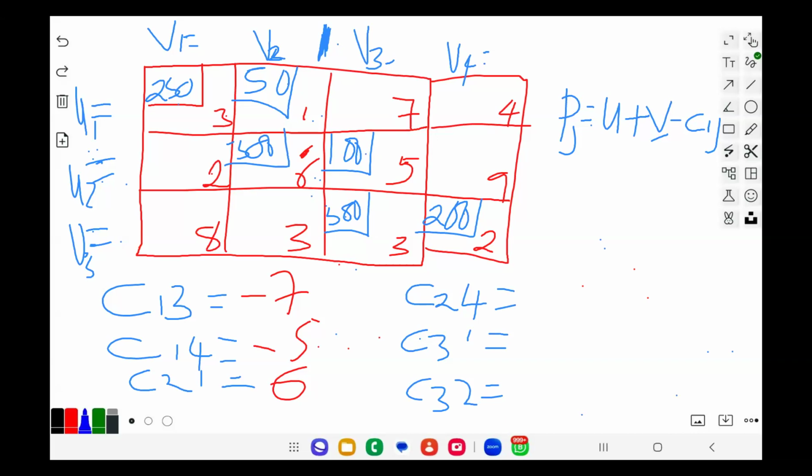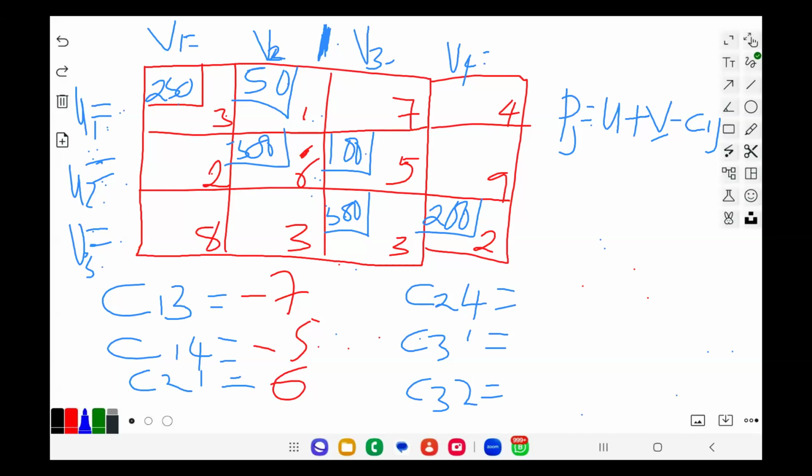Then I said from there, when you have to move to another step where you're finding the optimum solution, the first thing you need to do is to allocate these numbers, the U, like U1, U2, U3. These are rows. The row 1 will be U1, row 2, U2, row 3, U3.